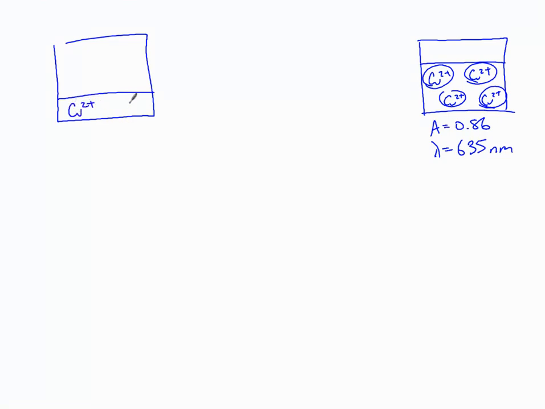So here's a copper ion. Here's a copper ion. So let's look at what changed. Well, from here to here, over here we have 4 coppers, here we have 2. So the moles of the copper ions have changed.